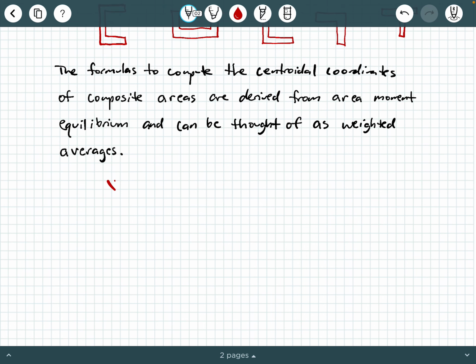The way we calculate the x-coordinate of the centroid of a composite shape is the following. We're going to say it's the summation of x sub i times a sub i as i goes from 1 to n, all divided by the summation of a sub i, again, as i goes from 1 to n.